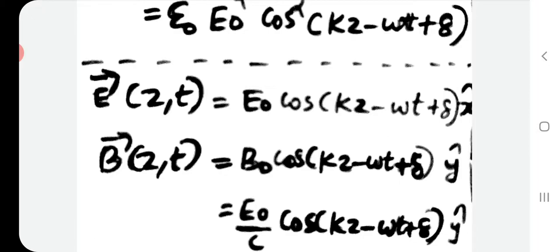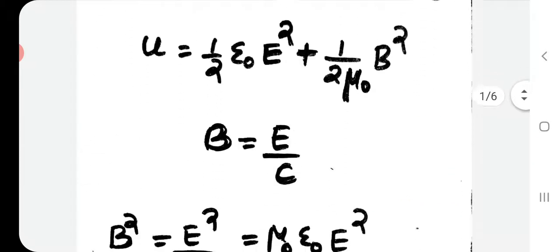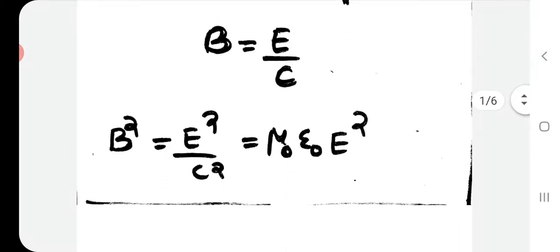So it is very clear from these two equations that the magnitude of the magnetic field B is equal to E by c. So in the expression for B square, B is equal to E by c, so B square is equal to E square by c square, and we know c, the velocity of the electromagnetic wave, is equal to 1 upon root epsilon 0 mu 0.